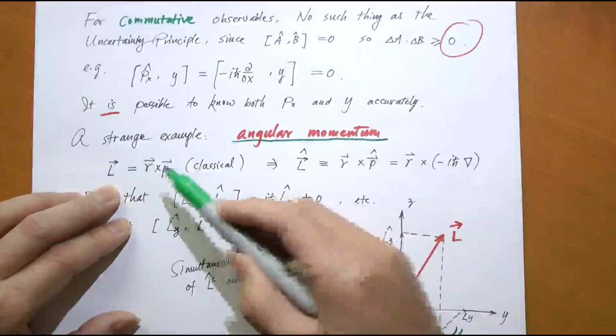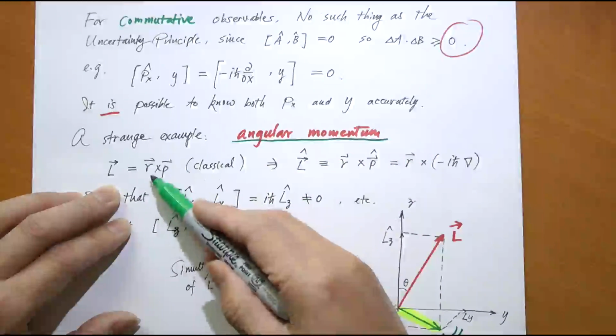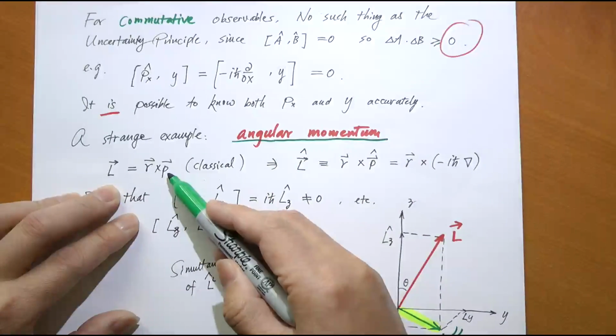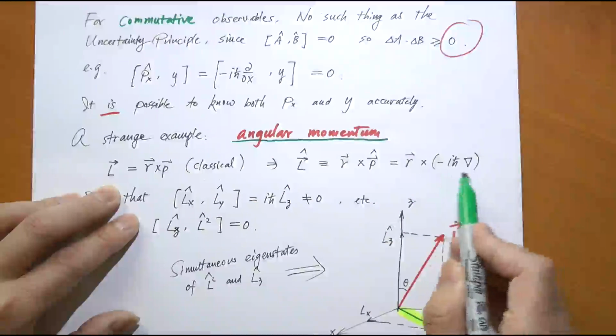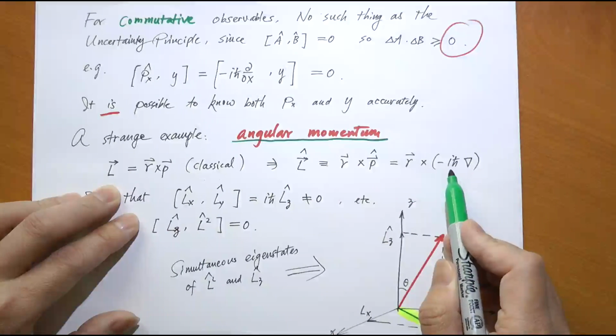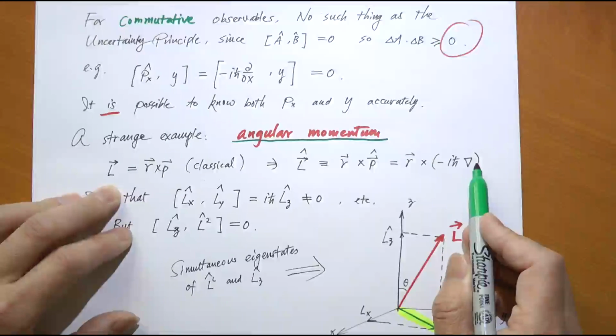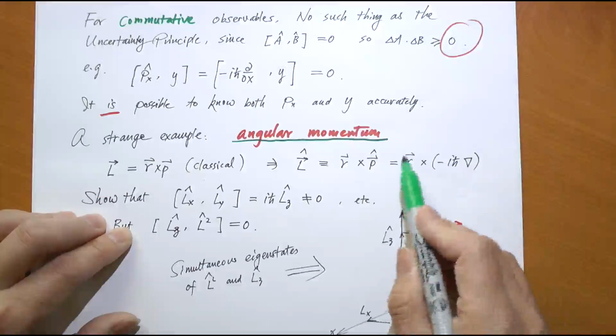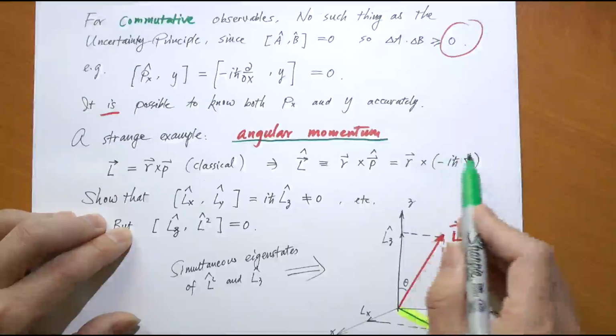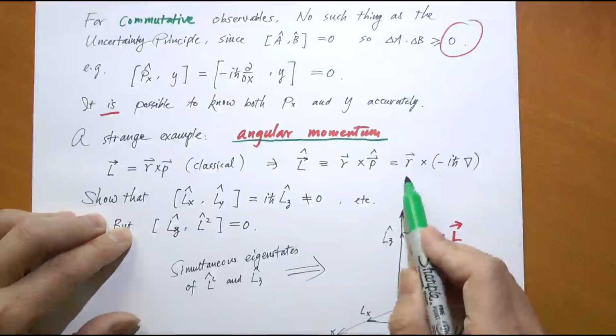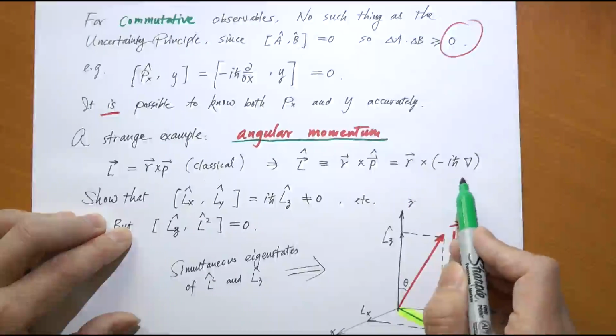So how do you change it to an operator? Well, r is just r, just like x, y, z, but p now becomes a differential operator. And here is the three-dimensional version of p. Differential operator, we just replace partial x with the gradient operator, which is three-dimensional. And if this is the expression for L, L is a three-dimensional operator. It's got an x component, y component, z component.